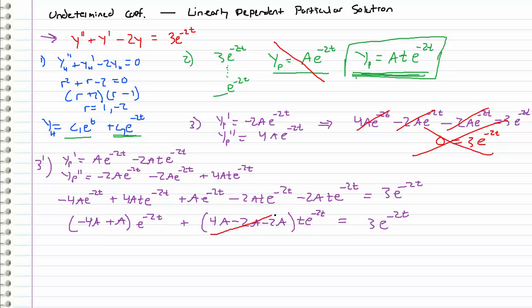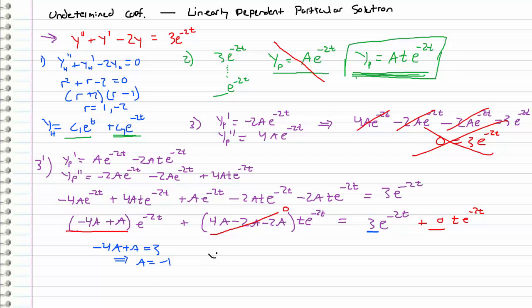So we see that this cancels out to 0. 4a minus 4a is 0, and that is okay because we had a 0 coefficient in front of the t e to the negative 2t on this side. So we're fine there, and we still have another equation where we can solve for a. So we are still able to determine our undetermined coefficient. So our equation is negative 4a plus a has to equal 3, the coefficient on this guy. And that gives us a is equal to negative 1.